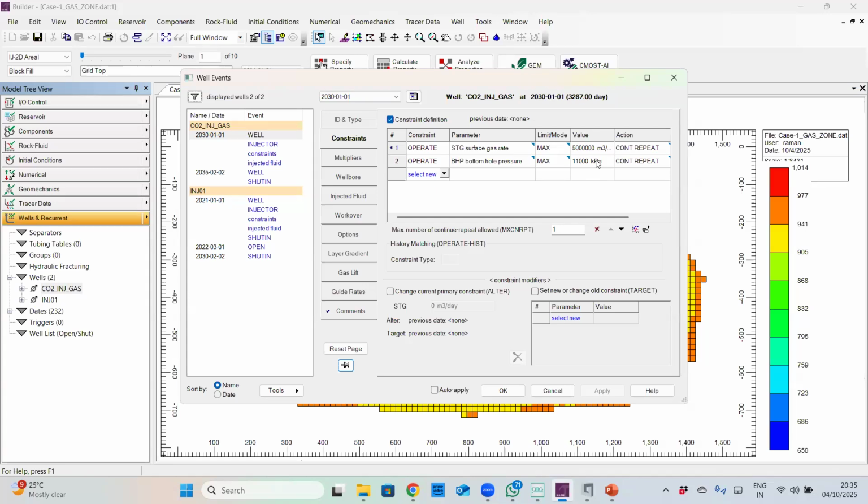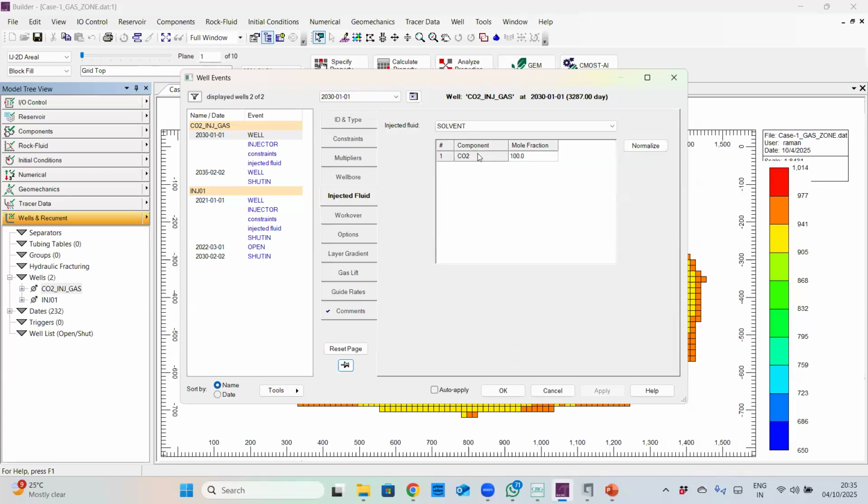So I need a BHP more than this pressure, because I need CO2 to be injected in a supercritical state. Secondly, I put a maximum value of 11,000 kilopascal because I should not create fractures artificially during injection, right? And next is the injected fluid. Let's check it. It's CO2, 100%.